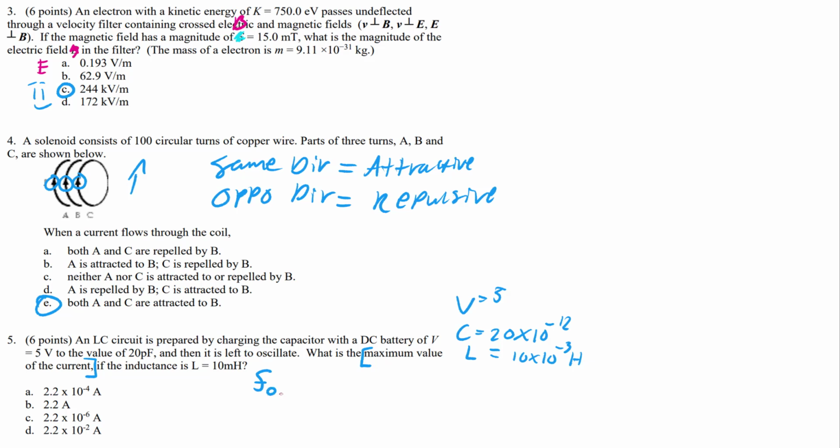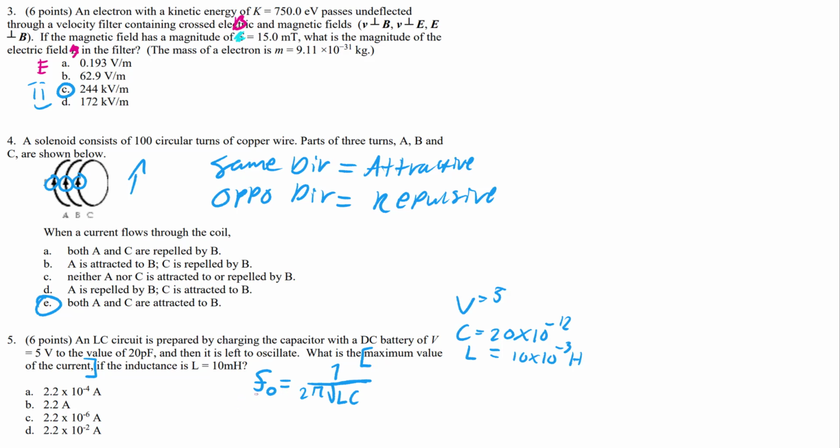It's going to be f sub naught. So what is f sub naught? F sub naught is equal to 1 divided by 2 pi times the square root of the inductance L times the capacitance C. Okay, and that's the resonance frequency.